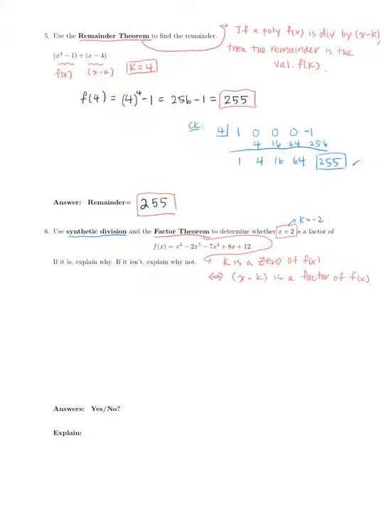So we're going to say negative 2 is a 0 of f of x if and only if x minus negative 2, which is x plus 2, is a factor of f of x. Okay, so now we need to bust out that synthetic division. We want to make sure that the remainder is going to be 0.